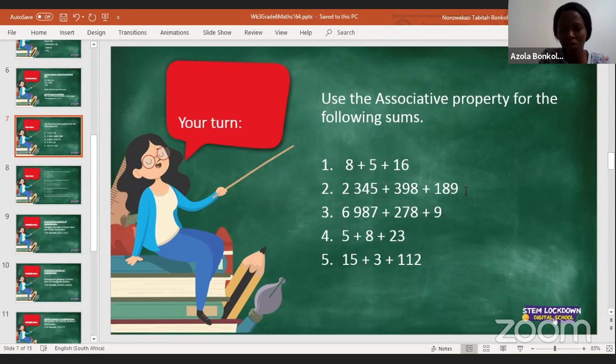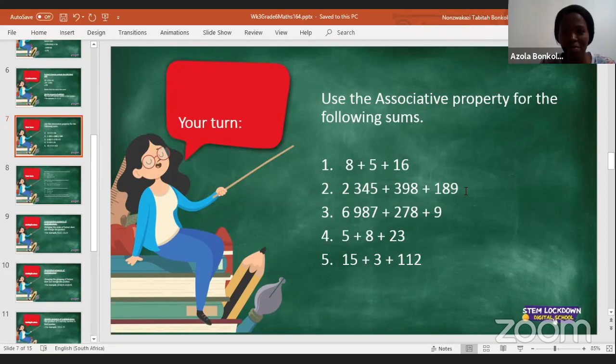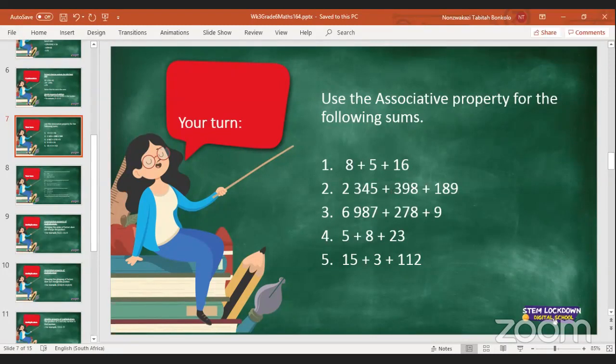Do you have your calculator with you, Tepang? Yes, ma'am. What is the total answer? Is the answer 2,926? No, I think I'm wrong.